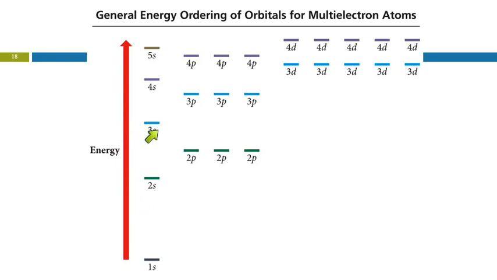Then we have the 3s, and then the 3p, and then the 4s, because of its ability to penetrate in, is actually lower in energy than the 3d orbitals. So it goes 4s, and then 3d, and 4p, and 5s, and 4d, and it's all kind of confusing at that point. I'm going to show you how we can just read that off the periodic table, so we don't have to memorize that.